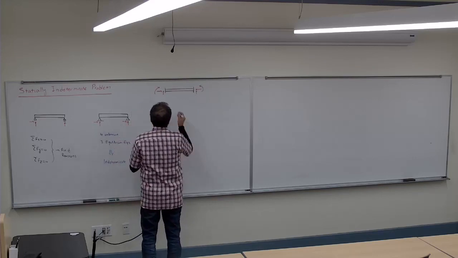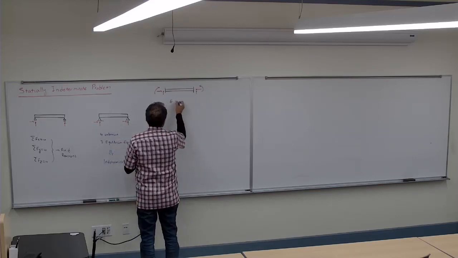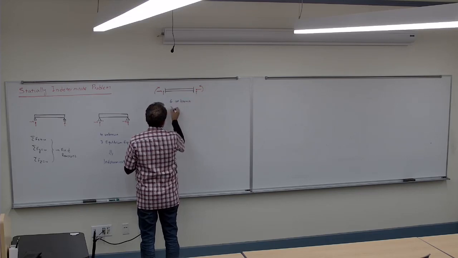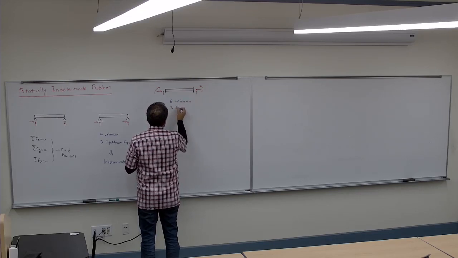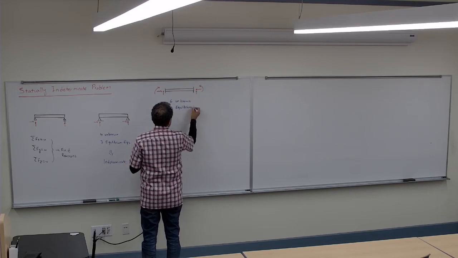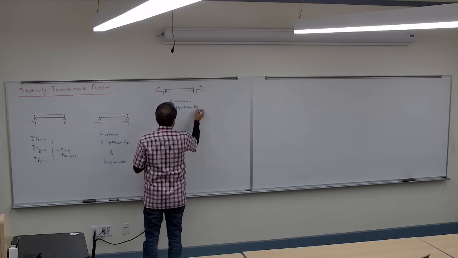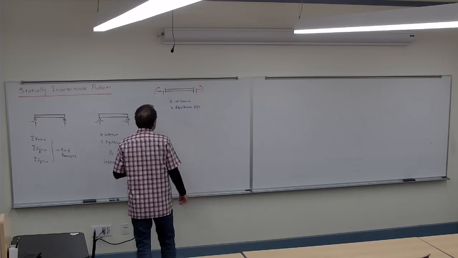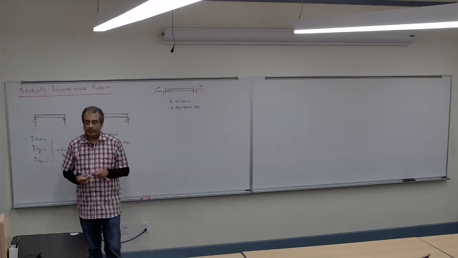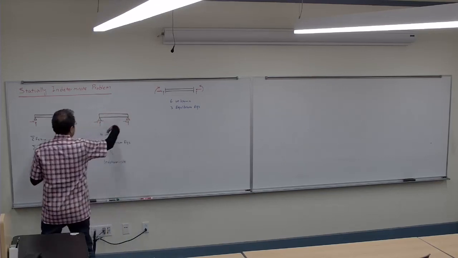So I have 6 unknowns and only 3 equilibrium equations. So up to here in statics, we cannot solve either of these two.